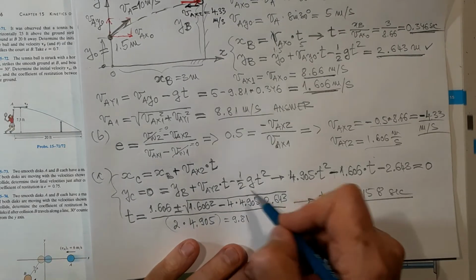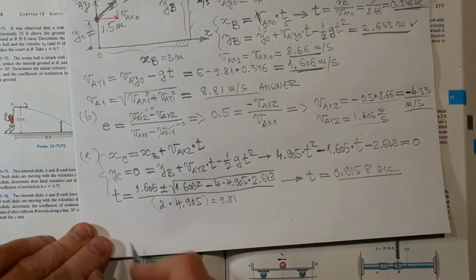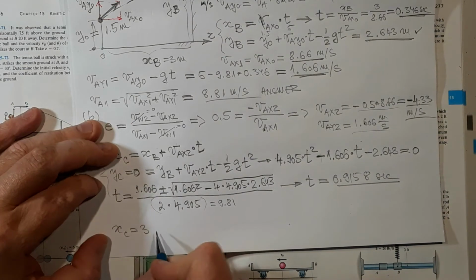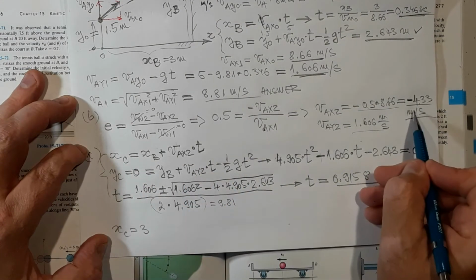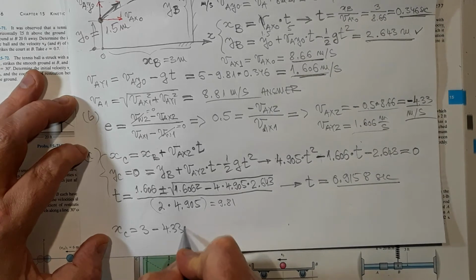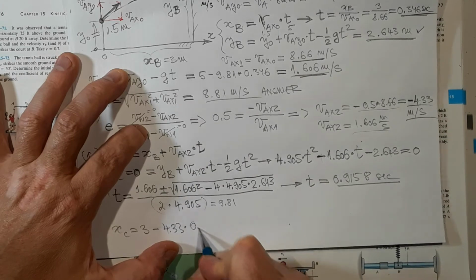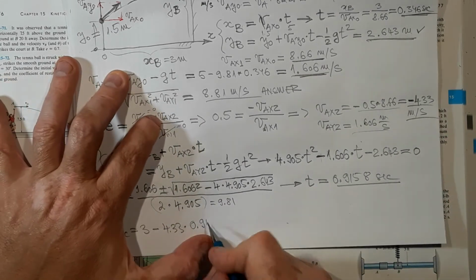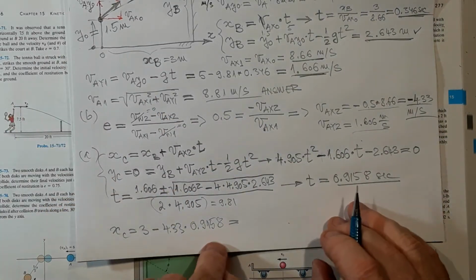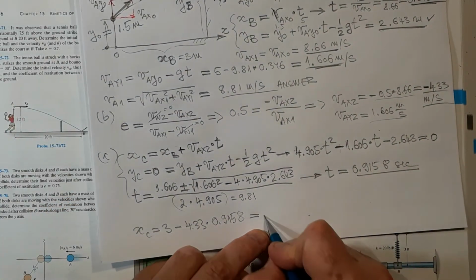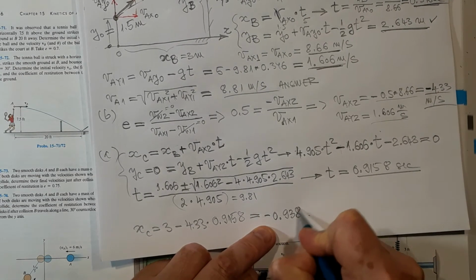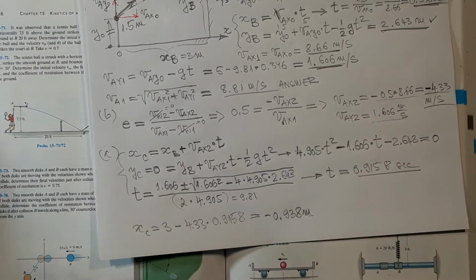With this t value, we move to the first equation and calculate xc. This is xb, that's 3, minus VAX2, it's a negative value, so negative 4.33 times 0.9158 seconds. And this is negative 0.938 meters.